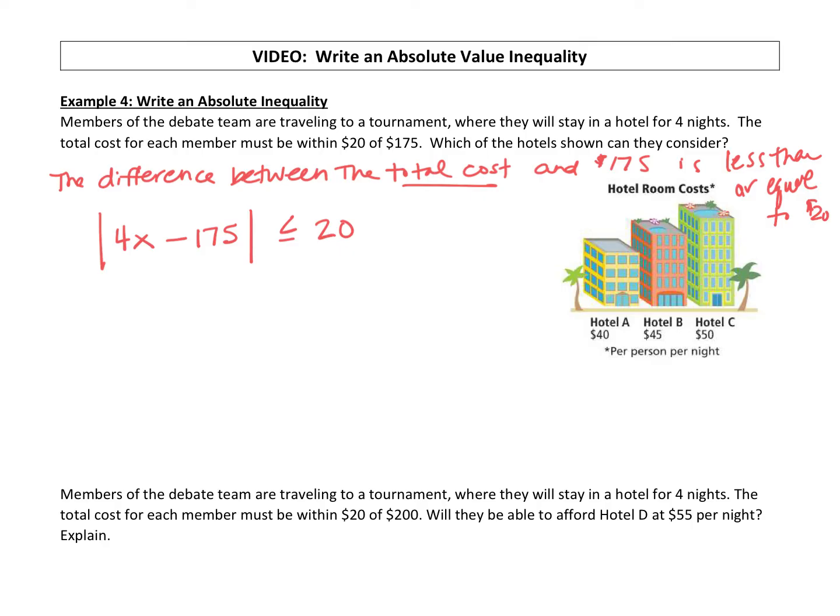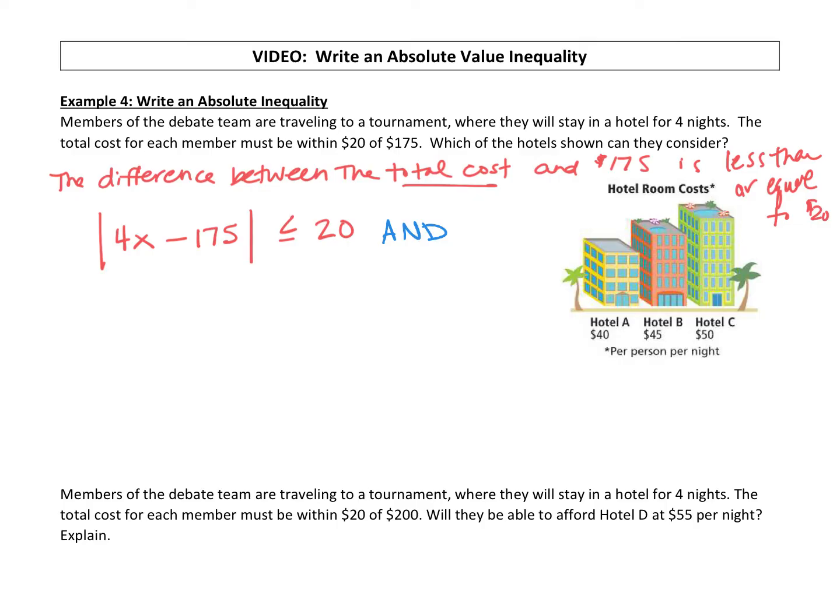Now that we have this as an absolute value inequality, we can solve this. Now, remember, in the last video, we talked about absolute value bars, the distance to 0 being less than or equal to 20. So to get distances that are smaller, we're going to turn this into an and inequality.